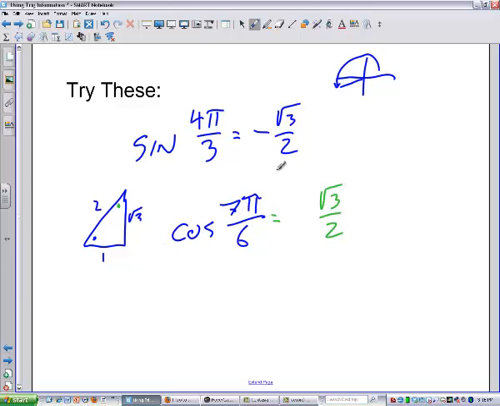Where are we when we're at 7 pi over 6? Well, let's see, looks like we're a little bit over 1, right? 7 over 6 is more than 1, but not quite to 2, so we're in this quadrant still. So again, we're negative. The last one I'll leave for you is the tangent of 5 pi over 4. See if you can come up with that. We'll talk about it when we talk about it.